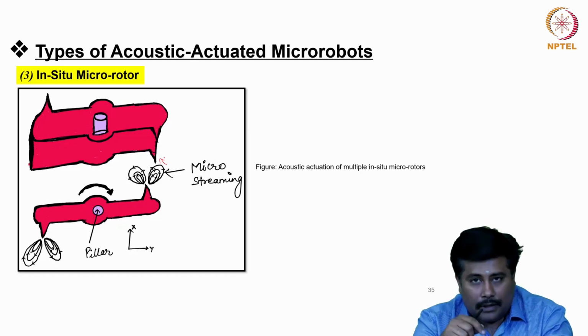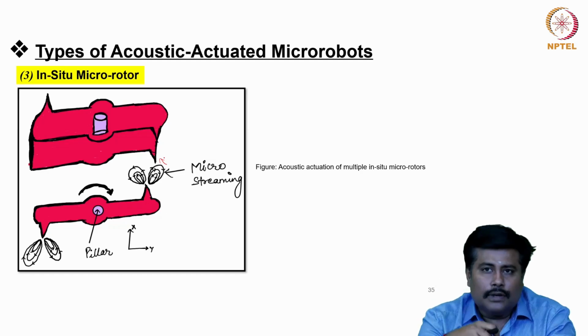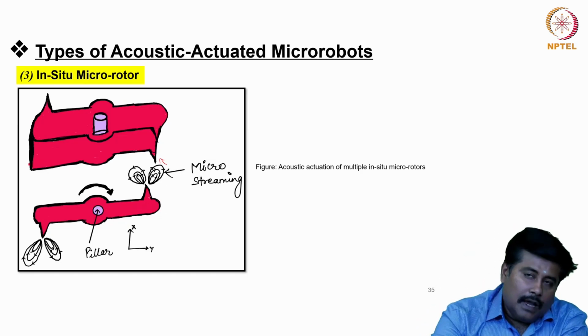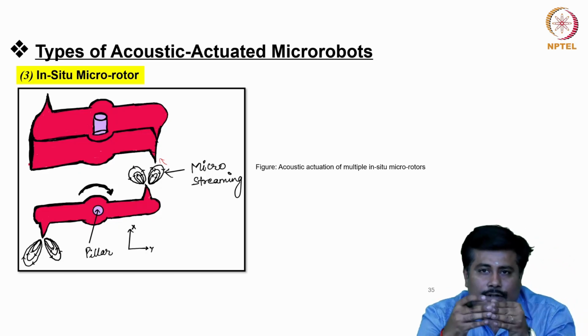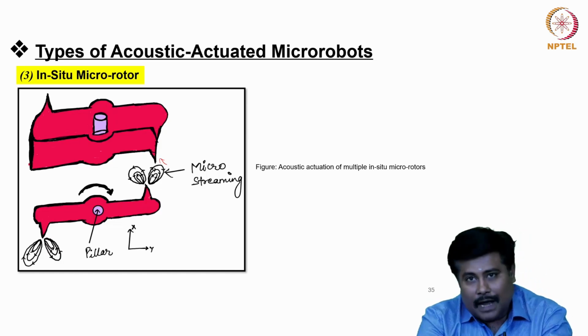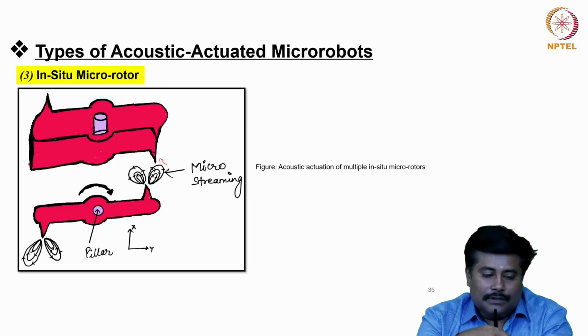Here in this particular case, we have a pillar kind of arrangement, and in order to take care of the micro streaming, we have a micro bubble which is placed, and there are some sharp edge corners available. At the edges of these sharp edge corners, the micro bubbles will start interacting, so we can expect a rotation.